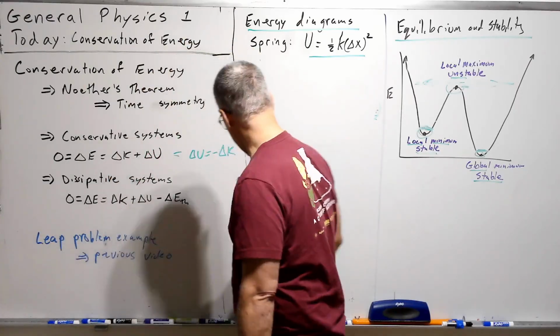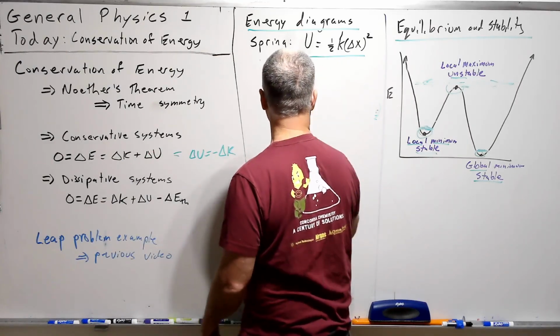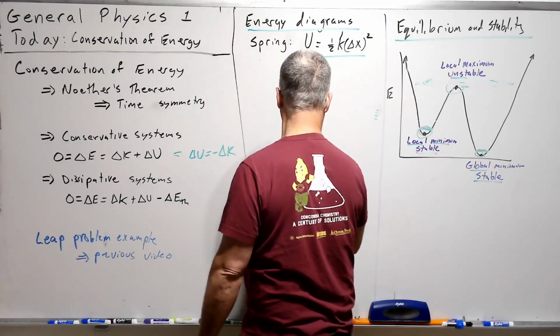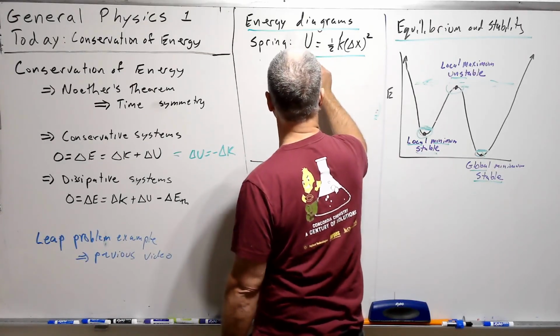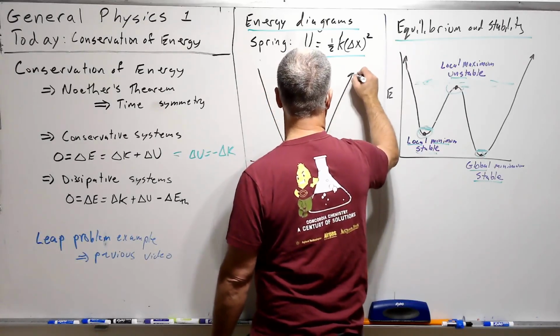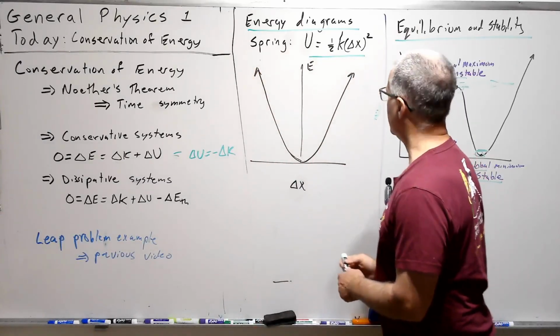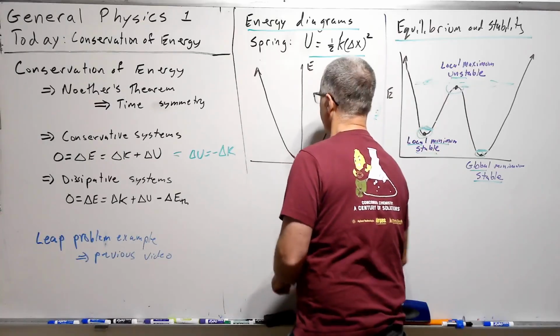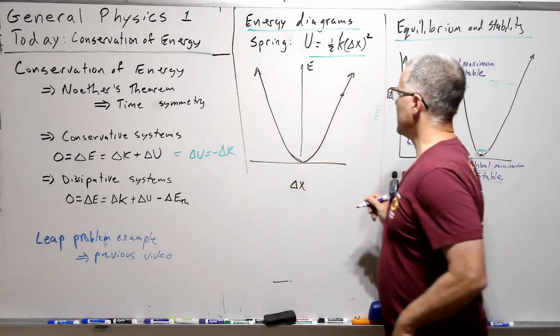So let's try to reflect that in a graph like this. I'll make my energy versus displacement here. There's my parabola. I pull it back and I'm going to let it go.